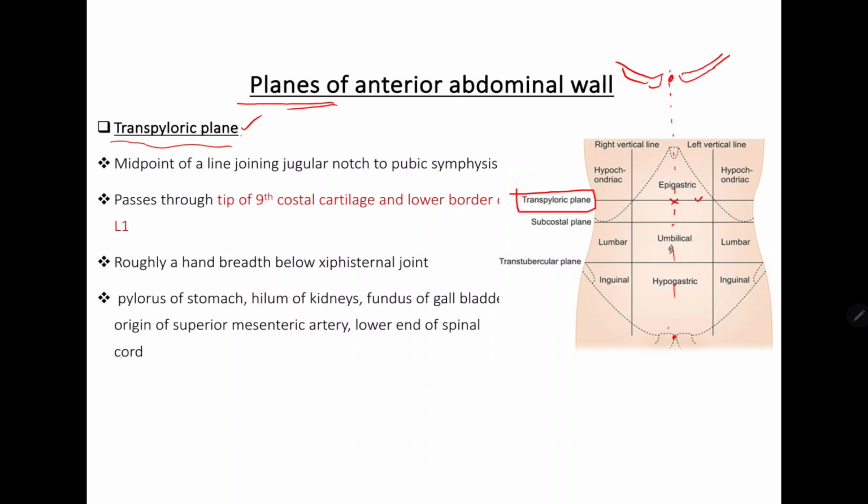Remember, the transpyloric plane passes through the tip of the 9th costal cartilage anteriorly, and posteriorly the lower border of the L1 vertebra.